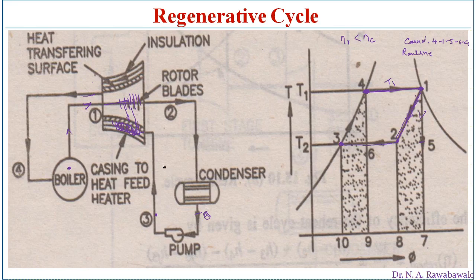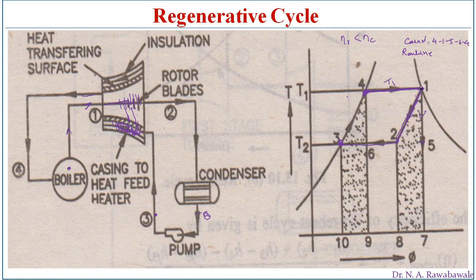From 2 to 3 the condensation process is completed. The expanded steam is condensed from 2 to 3, and at point 3 the water absorbs sensible heat from 3 to 4, but not in the boiler. It absorbs it in the turbine itself, and then saturated water enters at point 4.